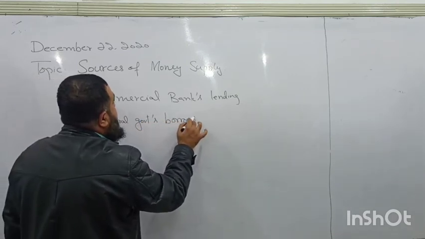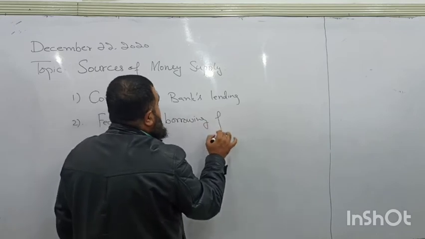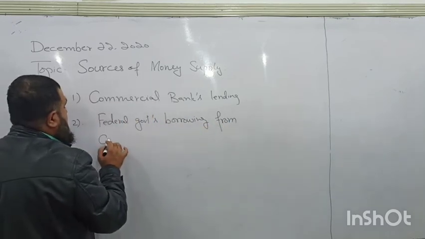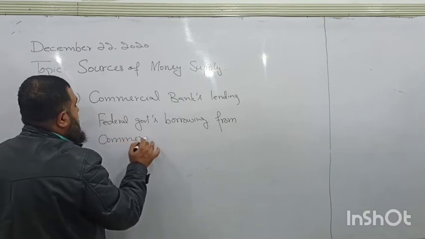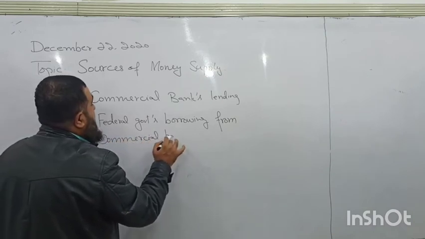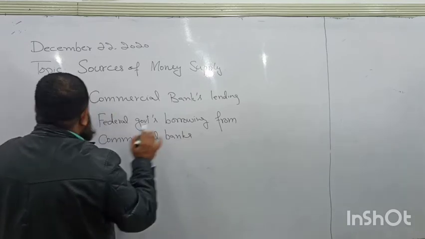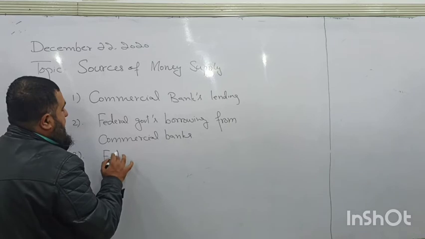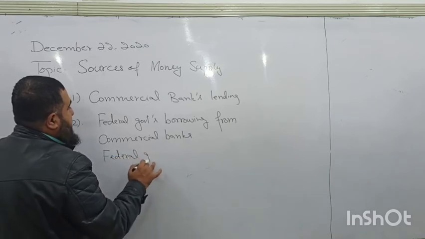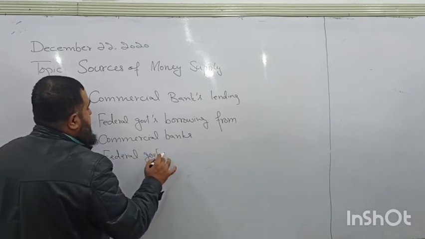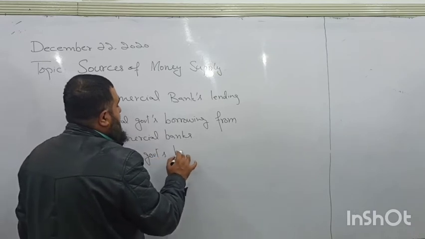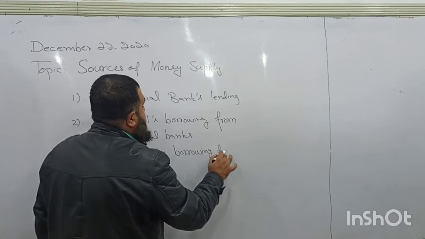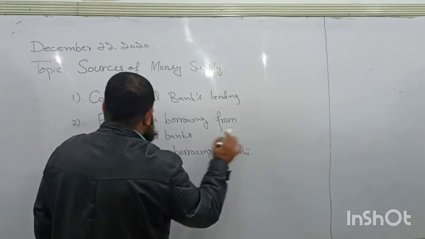Second, borrowing of the federal government from commercial banks. Third, federal government borrowing from the central bank.